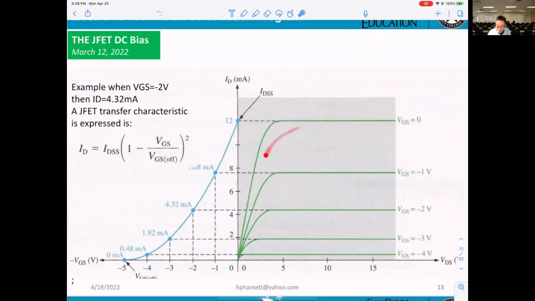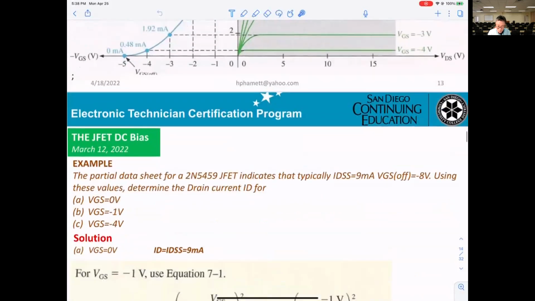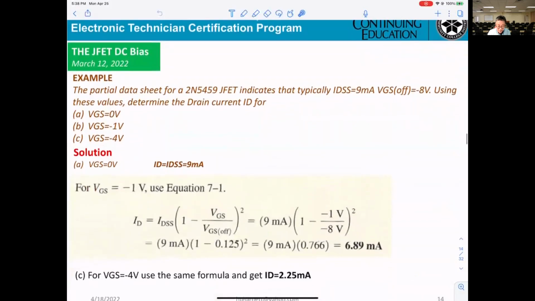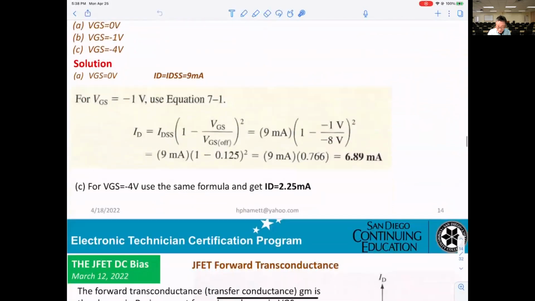On this side, they display for you the voltage VGS equivalent to any point on the curve. You can get ID and you can get VGS. This example we already did last time.